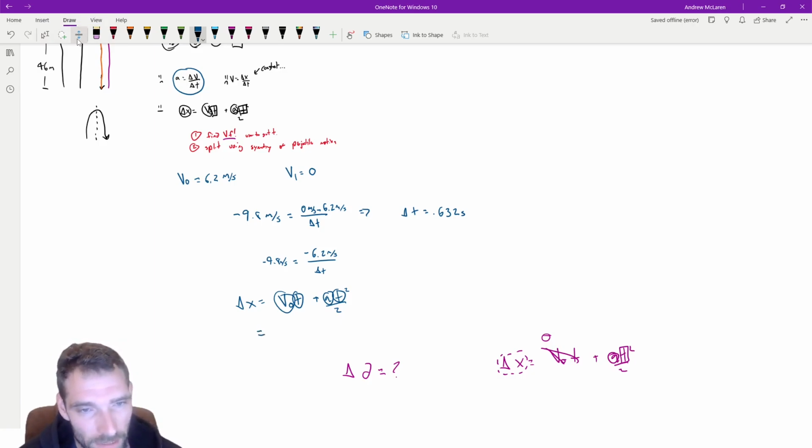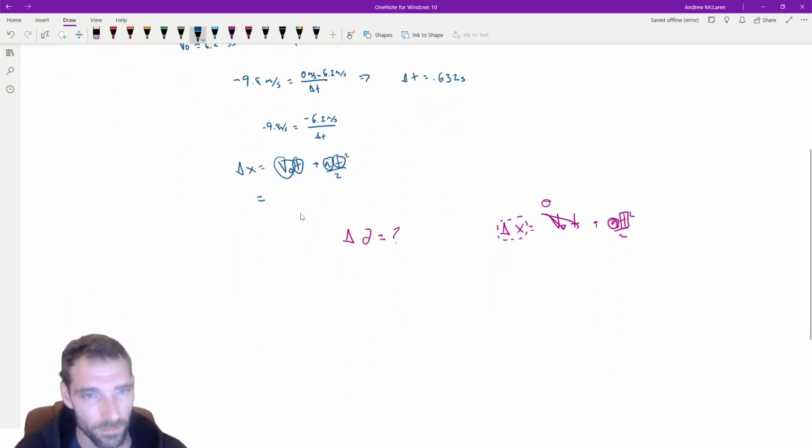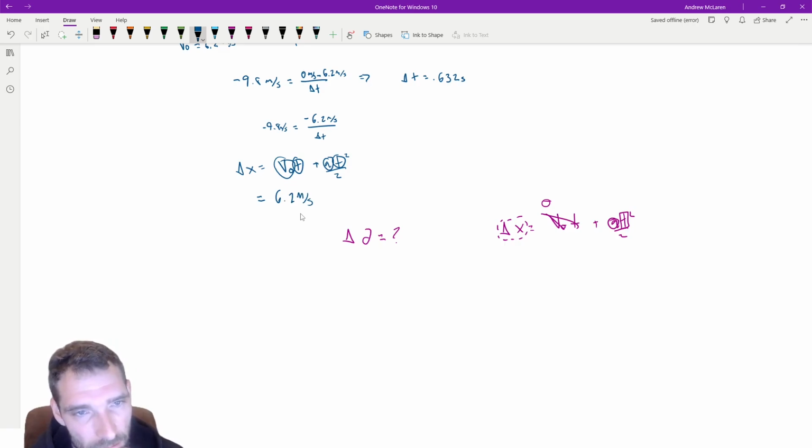So if we look at our initial velocity, it was a positive 6.2 meters per second, positive number, times that by the time that it was going up.